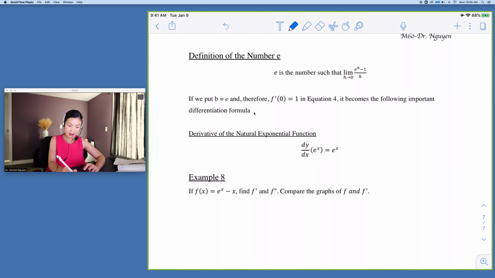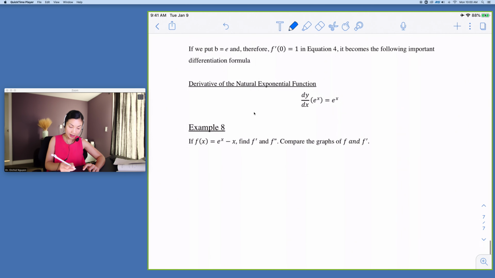So what I have right here, example 8, we want to find the derivative. So the derivative of the e function is going to be e to the x power, and the derivative of the x function is just simply 1, and we have the negative in front, so it's going to be negative 1.